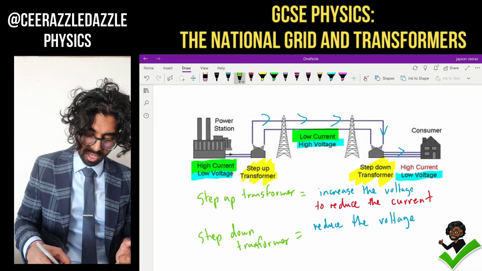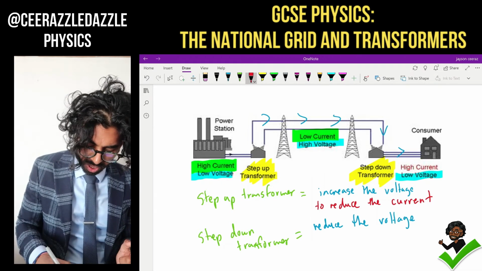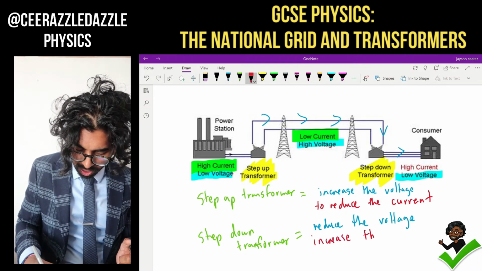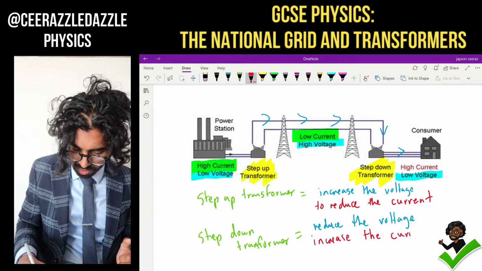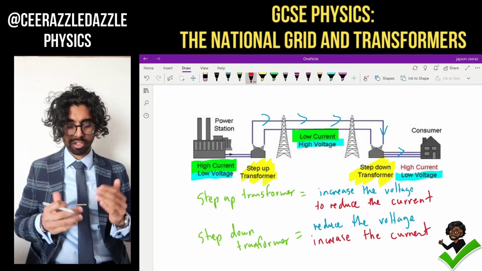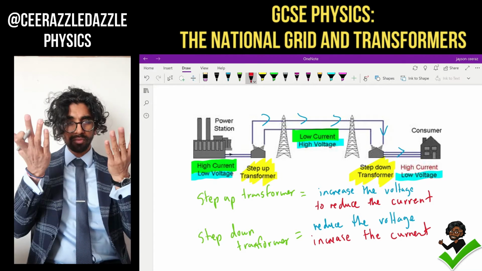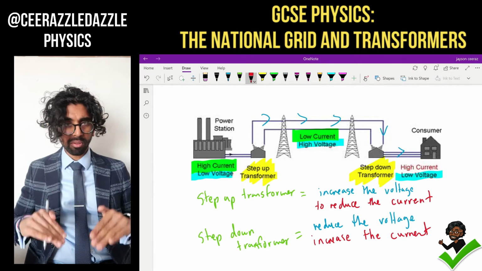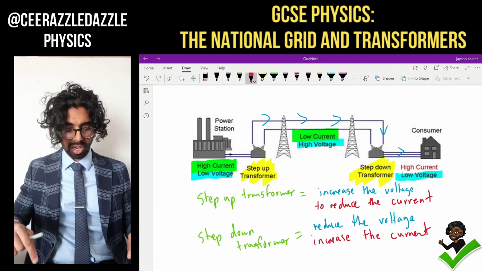So it will increase the current. Make sure we get that into our mind. So step-up transformer is going to increase the voltage to drop down the current. Step-down transformer is going to drop down the voltage to increase the current.